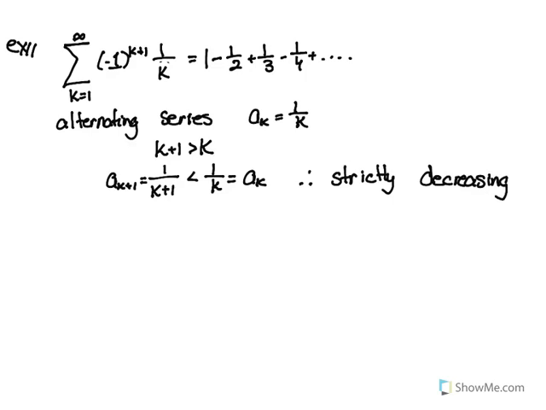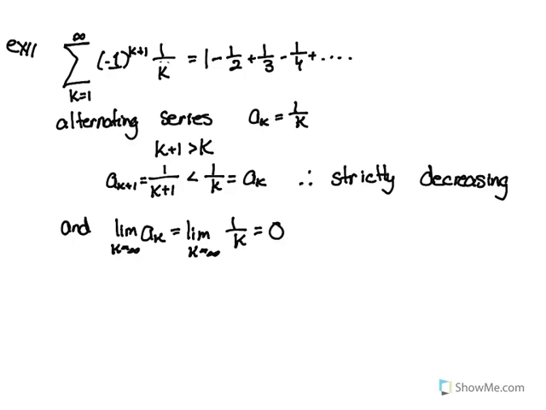Okay, and moreover, the limit as k goes to infinity of a_k is just the limit as k goes to infinity of 1 over k, which is equal to 0.